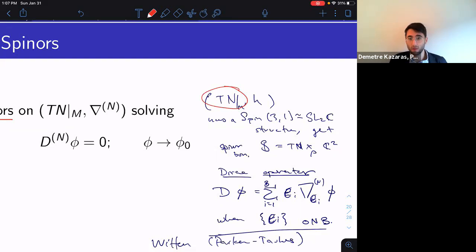This is the spinor bundle. It's a rank 2 complex bundle over the manifold M. It's a trivial bundle, by the way. It's really isomorphic to M cross C^2, but it has certain algebraic properties that you want to remember.